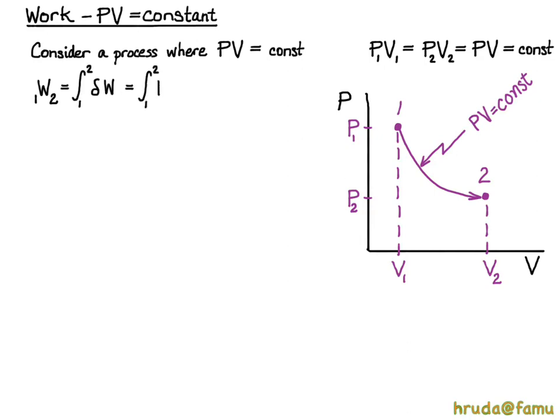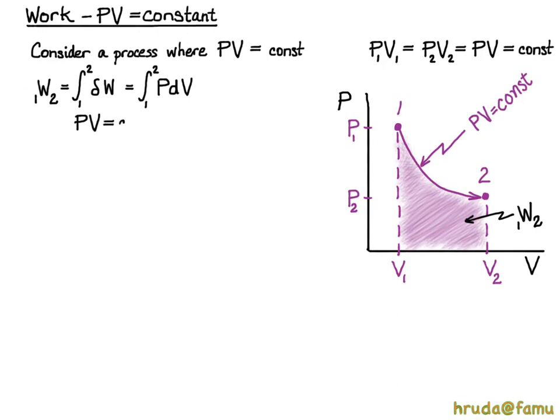Now the work in going from state 1 to state 2 is equal to the integral of P dV evaluated from state 1 to state 2, or we could say that's the area under the process, or the area under the curve. Now I'm integrating with respect to V, but P is changing also.